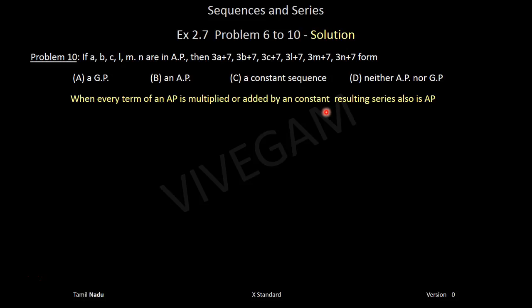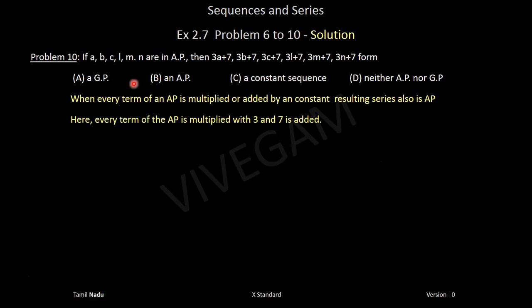Okay, right. So what have we done here? In this case, we have multiplied by 3 and added a constant. So when there are two AP series and you add them up, they also form an AP series. Therefore, this series basically forms an AP. Every term is multiplied by 3 and 7 is added to it.